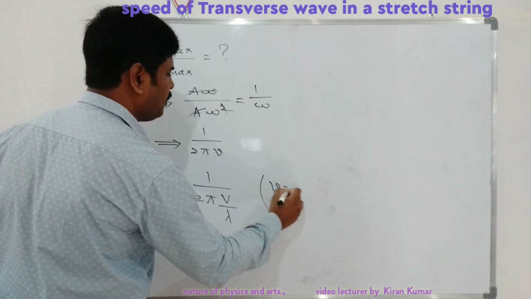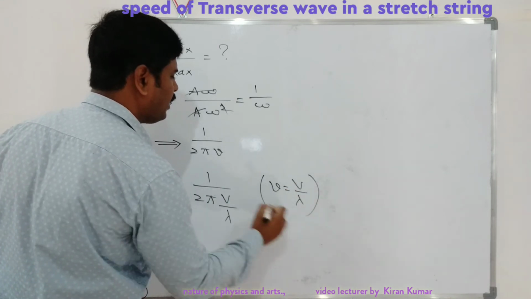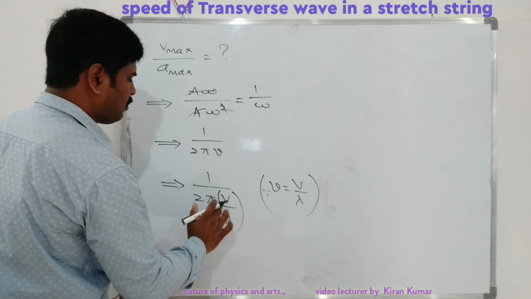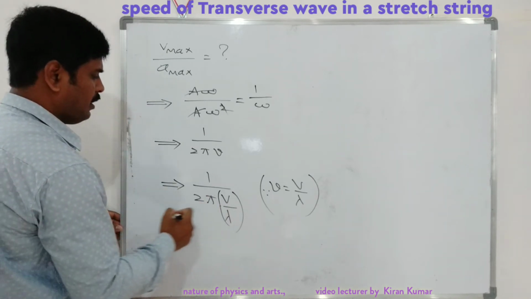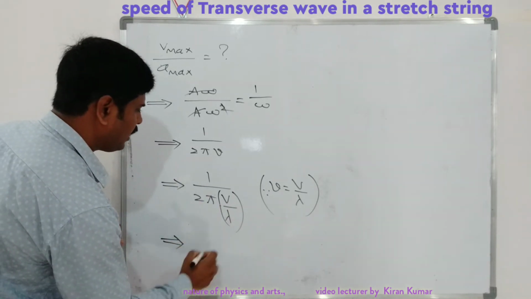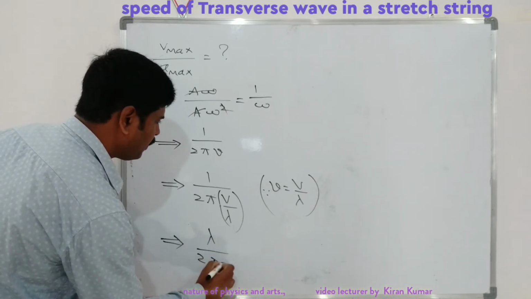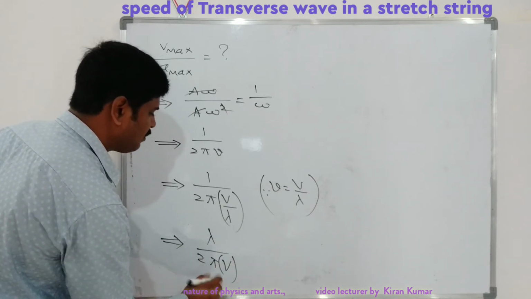So nu is equal to v by lambda, velocity by wavelength. Rearranging the equation, lambda divided by 2 pi into velocity v.